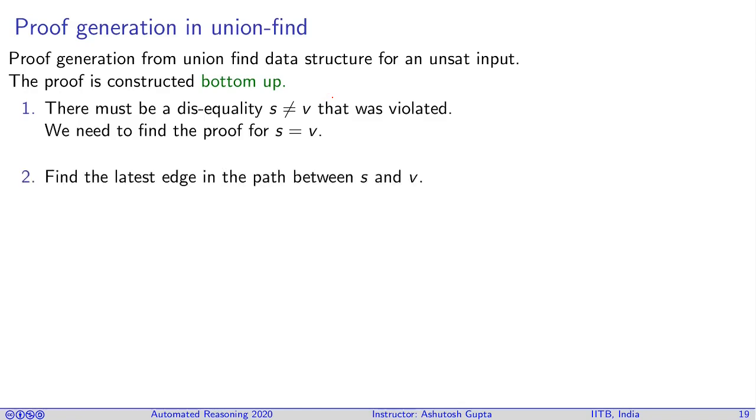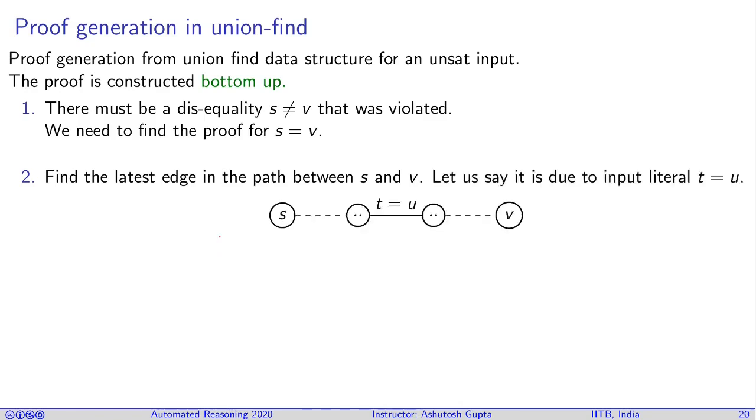Find the nodes S and V in your tree, and look at the path from S to V. From the path S to V, you find the edge which was added latest, and that edge is the edge that caused these two to come into the same equivalence class, and that edge is part of your proof. So T equals U is causing S and V to join into the same equivalence class.